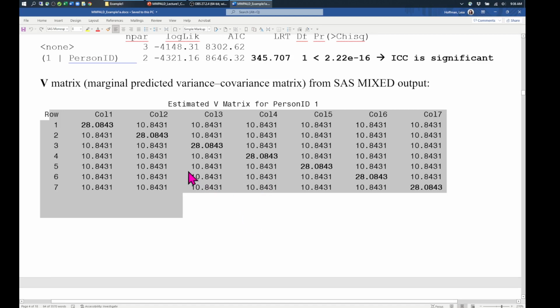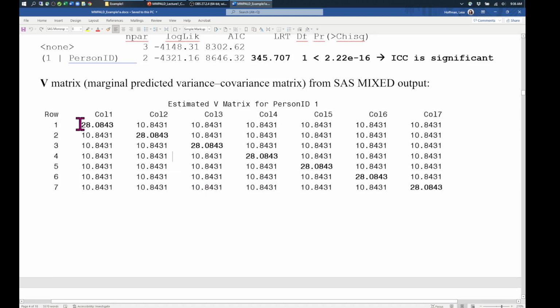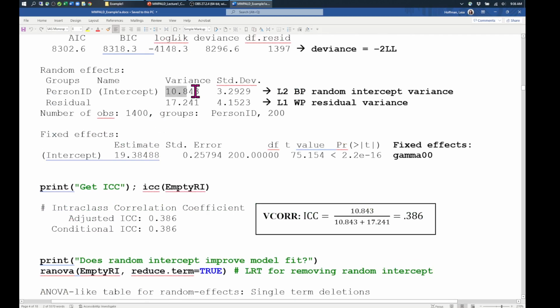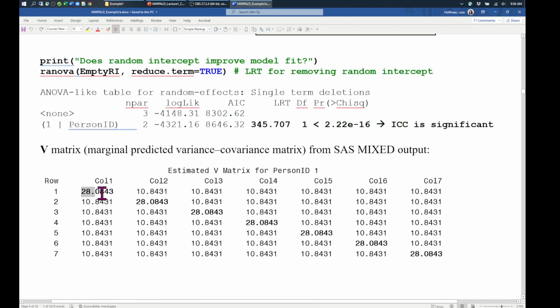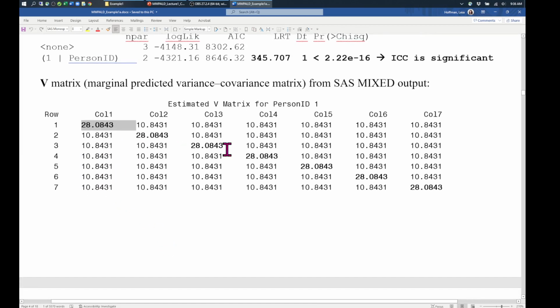According to the empty model with only a random intercept, each of these variances at each occasion is partly due to the random intercept, and the rest of it added together is the residual. So this 10.8 plus 17, that's where this 28 comes from.